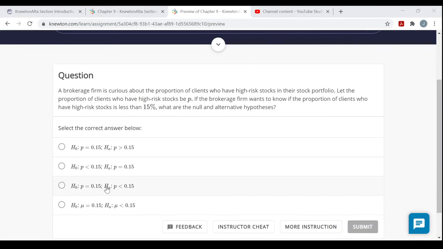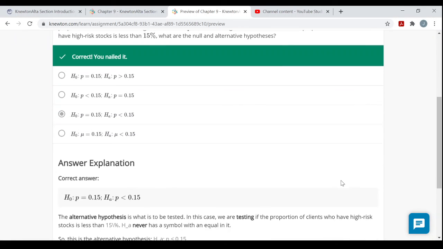So that would be this statement here: H0, P equals 0.15, and HA, the alternative hypothesis, is that claim, P less than 15%. And don't confuse it with mu. They said P.